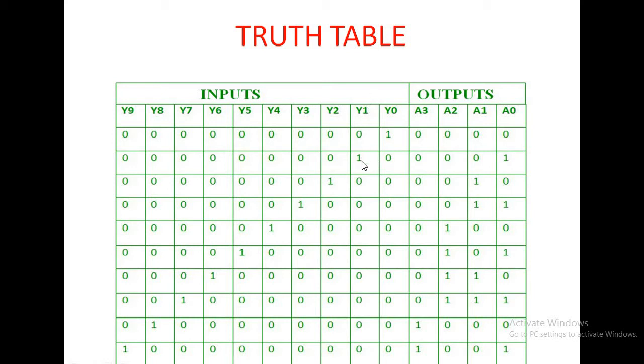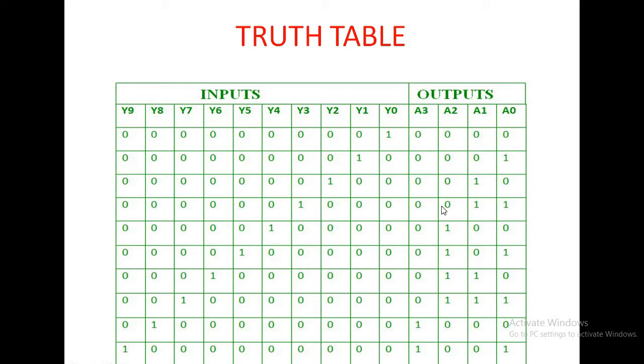Since Y1 is active, the output is 0001. And in the third case, Y2 is active, Y2 is 1 and all other inputs are 0, so the output is 0010. In the next case, only Y3 is active.